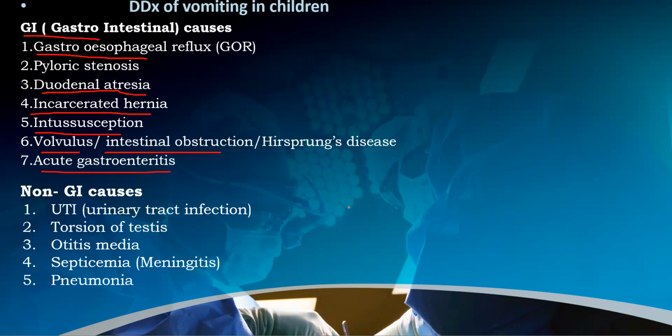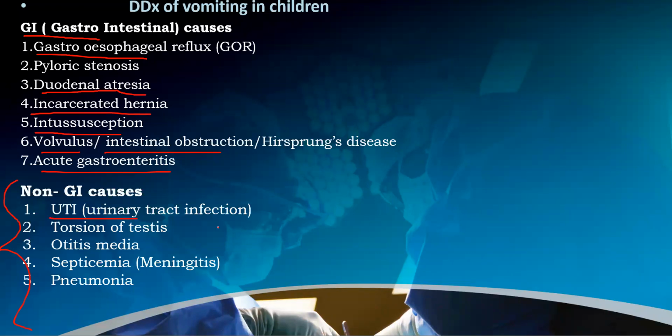Gastroenteritis, again, the child will have vomiting. If it is a neonate, the child will not be able to tell you that they are having abdominal pain, but older children will have abdominal pain, nausea, vomiting, and also diarrhea. Apart from GIT related causes, non-GI causes are pretty important, and you need to rule them out in every case of vomiting, especially acute vomiting.